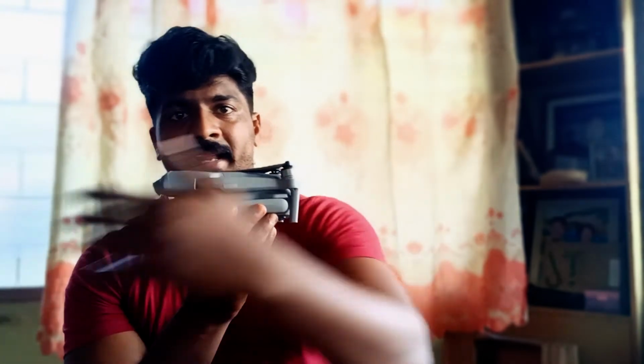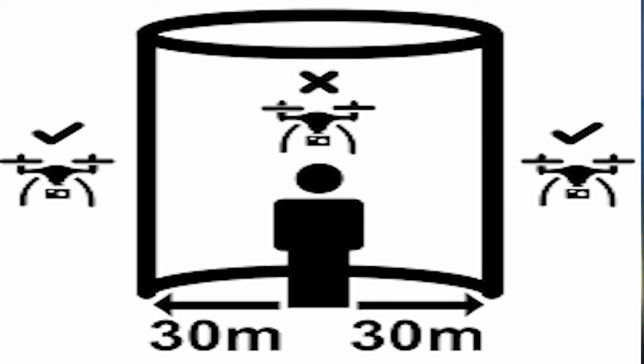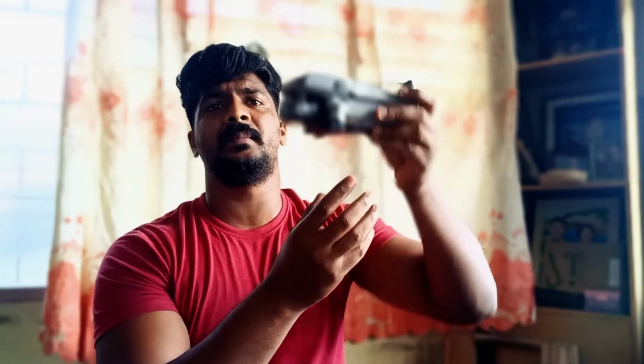From this drone, 30 meters in any direction, up, down, front, back, right, left, should be clear of people. For example, if you are going to take a video of a building and you find some people in the building, you should already be 30 meters away from that building. If you are flying over some people, then you should be 30 meters higher than the people.